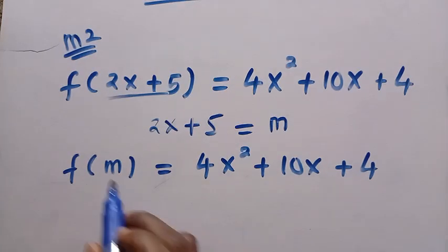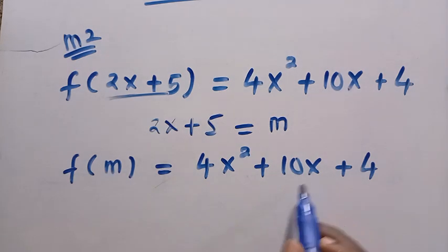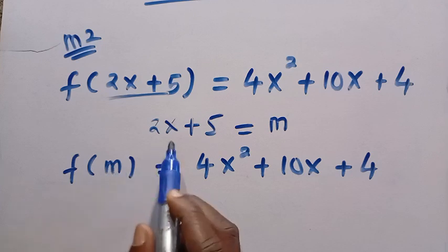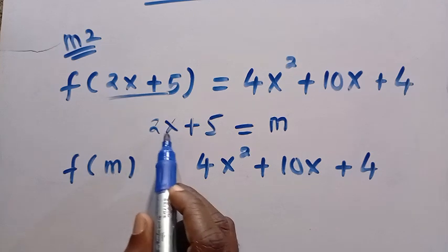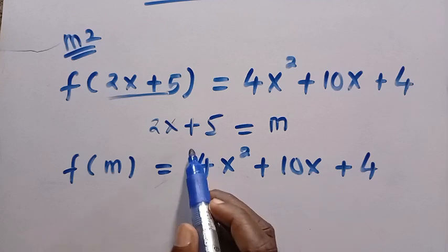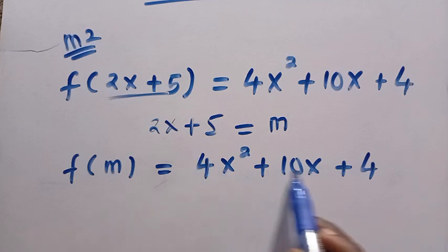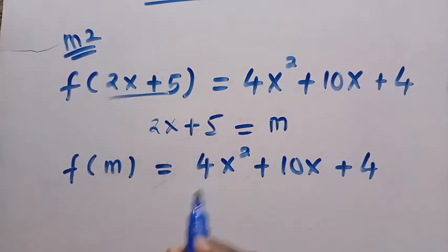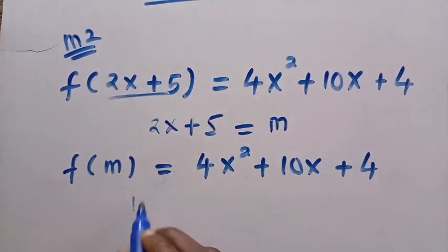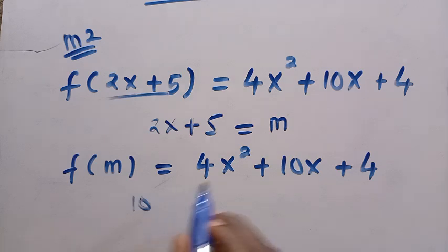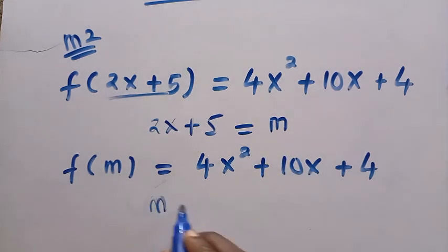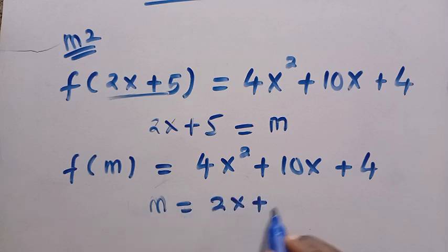But looking at this, it must also be in terms of m. Here we have it in terms of x, and the domain is m. Therefore, we have to make sure that we have something here as m as well. And to do that, we need x squared and we need 10x. We have m equals 2x plus 5.